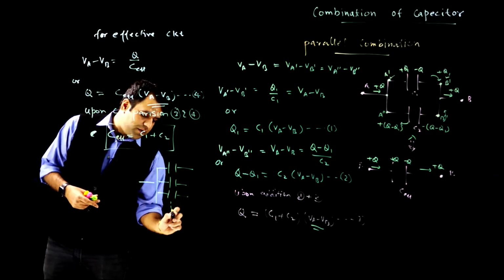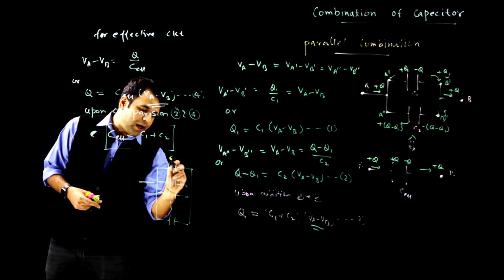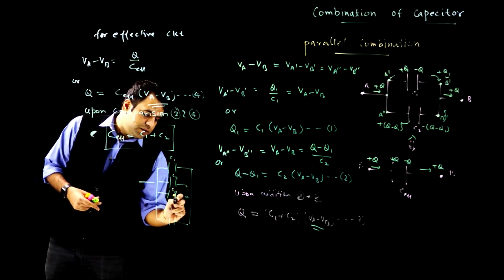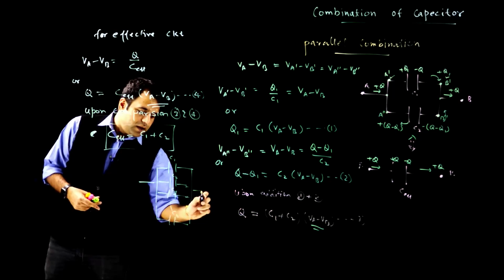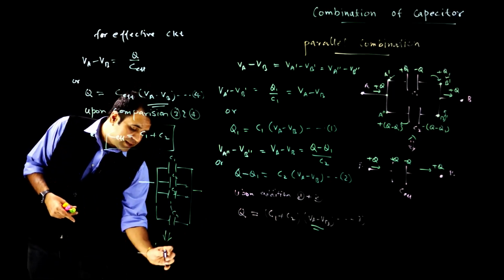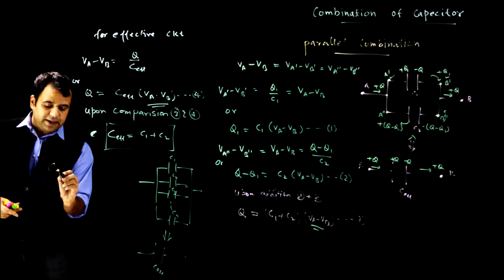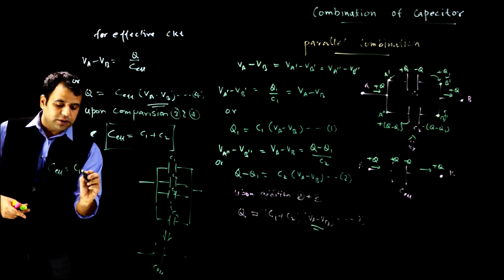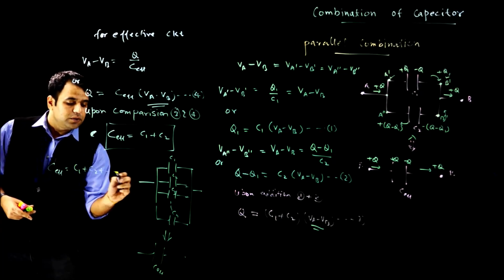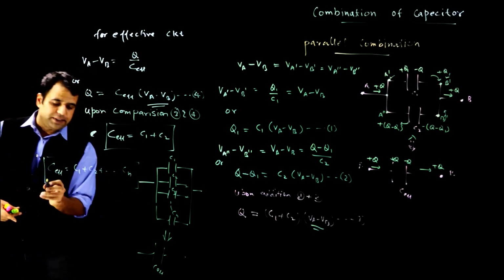If n number of capacitors are joined in parallel, C1, C2, C3, up to Cn, and I want to replace this whole parallel combination circuit by a single capacitance C effective, then C effective will be equal to C1 plus C2 up to Cn. You just add all these capacitances.